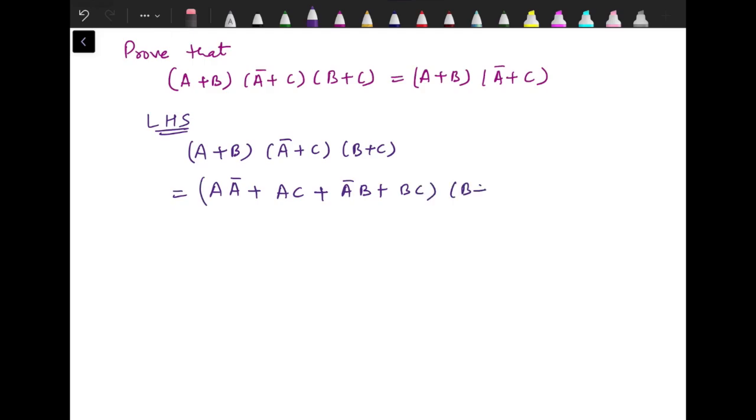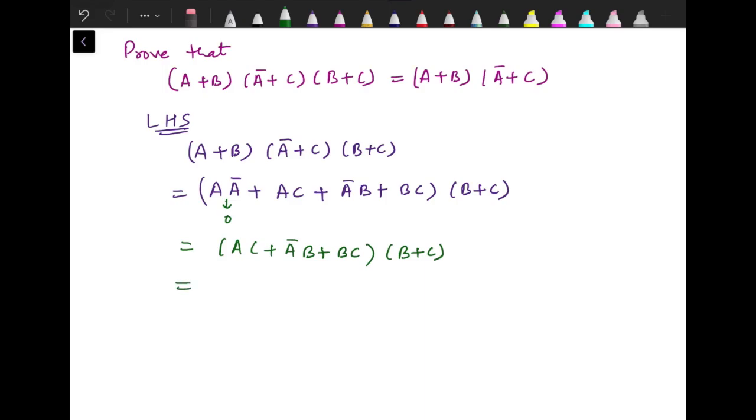Then we have (b plus c). Before expanding again, what we see over here, we have a a complement which is actually 0, so we don't need to use this one in expansion. What we are left with is (ac plus a complement b plus bc) into (b plus c).